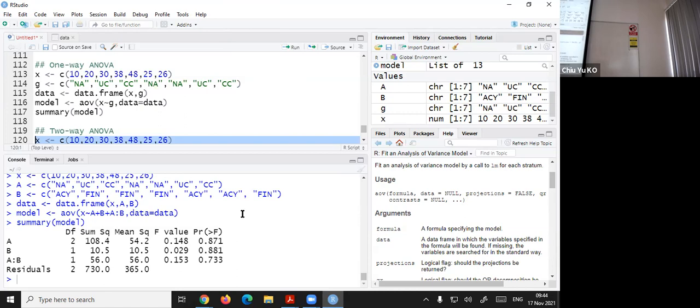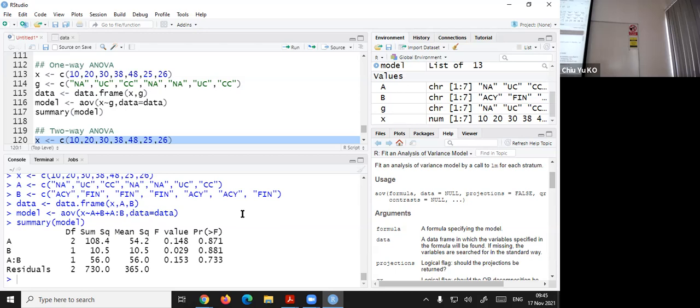None of them is significant. So there's no evidence from this very rough data that the college makes a difference, or the major makes a difference, or the interaction. That is the conclusion we have here. No matter which alpha you use, you cannot reject.